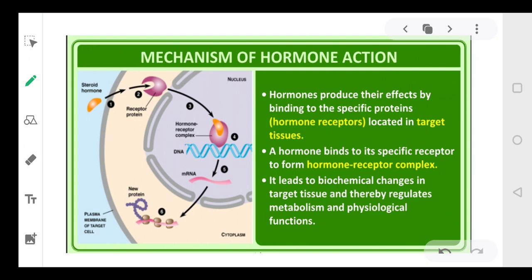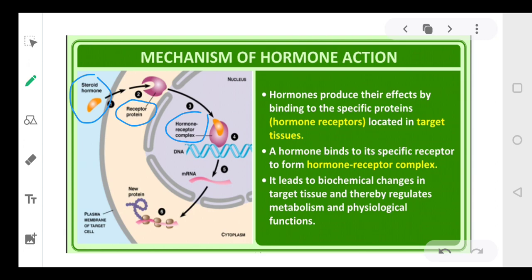Whenever a hormone is produced, the first step is that the hormone will reach the cell or the site. Second, it will bind with the receptor molecule. So when it binds with the receptor protein, the complex is called the hormone receptor complex.